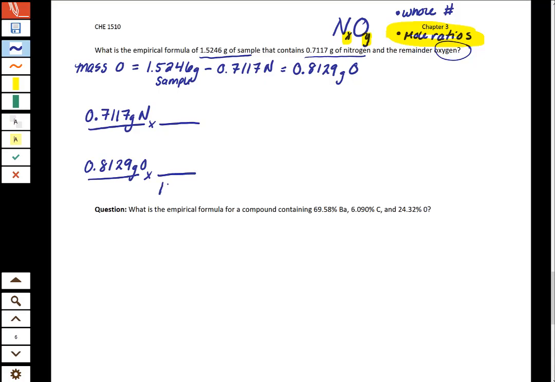So when we do this math, we are going to convert our oxygen and our nitrogen to moles using our regular old molar mass, not doubling it. So we're going to calculate this, do this division, and here's the thing. These numbers that you get are going to be really small.